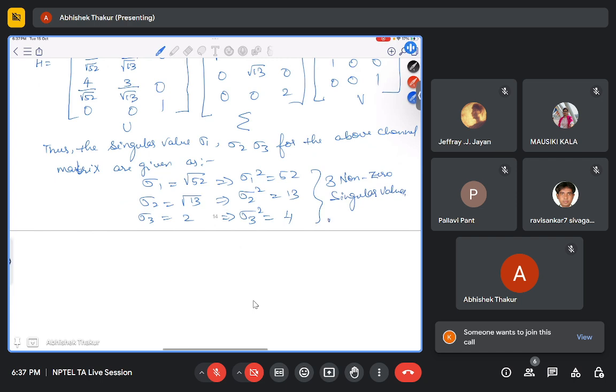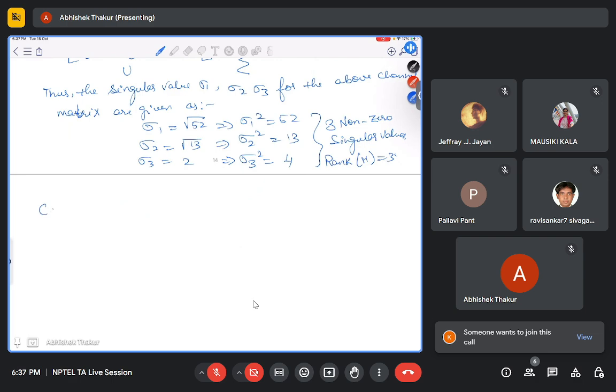So the rank of matrix H will be 3, and thus the channel capacity in terms of P1, P2, P3 assigned to the different channel singular modes is given as C is equal to log 2 (1 plus P1 sigma 1 square by sigma n square) plus log 2 (1 plus P2 sigma 2 square by sigma n square) plus log 2 (1 plus P3 sigma 3 square by sigma n square).